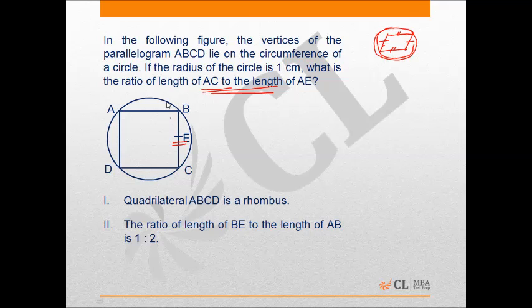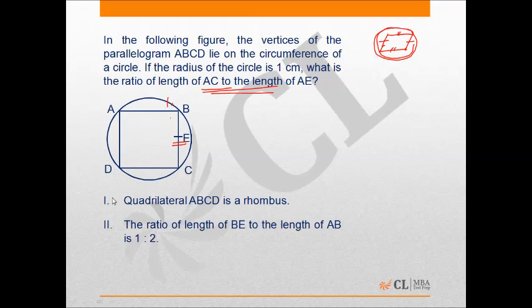Now the first statement says the quadrilateral ABCD is a rhombus. Now a rhombus is also never cyclic in nature. So when a quadrilateral is a rhombus and it is inscribed in a circle, that certainly has to be a square.